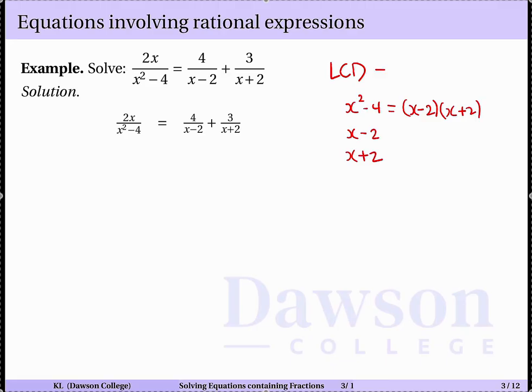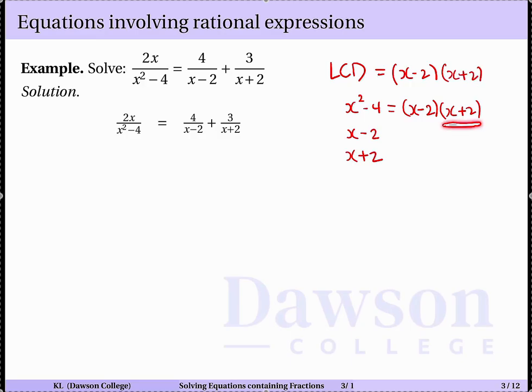So for instance, if we consider the factor x minus 2, the highest power of x minus 2 in this factored form is 1. Here we have also x minus 2, which is just of power 1. In here, we don't see x minus 2, so the power of x minus 2 is actually 0 for this expression. Therefore, in the LCD, we will only see x minus 2 power 1. Similarly, we now consider the next factor, x plus 2.